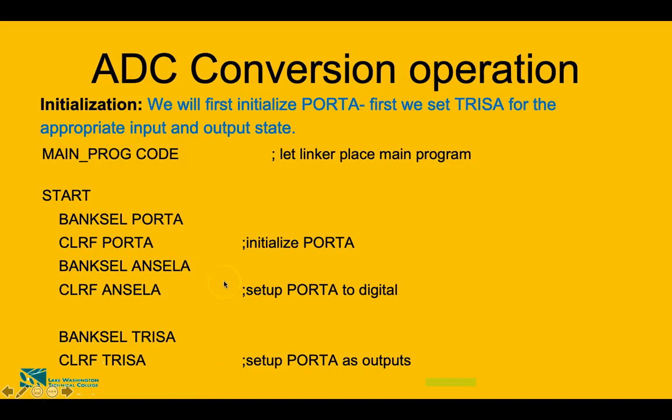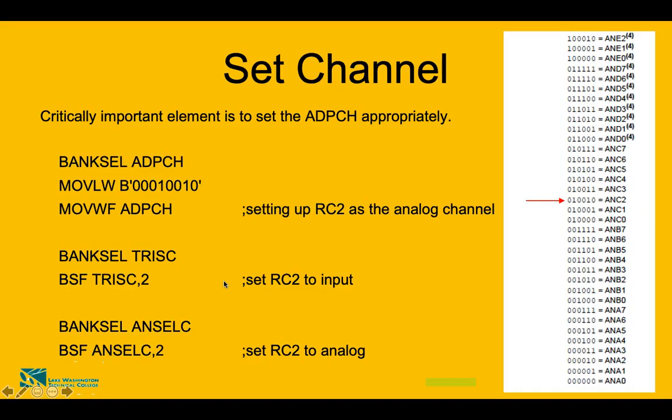So we used ANSELA there, and here we are using ANSELC. And we are setting the second bit in the ANSELC. When you set it as 1, that means you want to make it analog. So we are making RC2 as our analog input. So you get my point here.